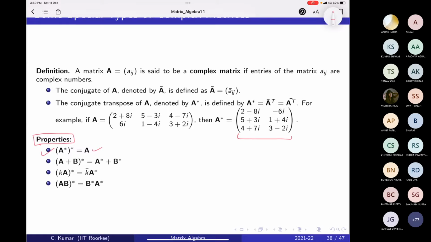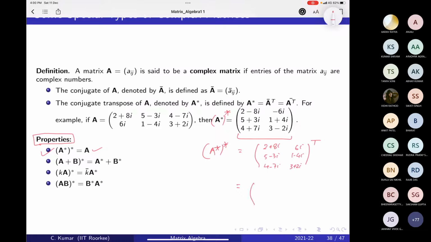In general, this holds because if you take the star of A star, that means first you make the conjugate and then you take the transpose. So the conjugate will be 2 plus 8i, 5 minus 3i, 4 minus 7i, 6i, 1 minus 4i, 3 plus 2i, and then transpose.